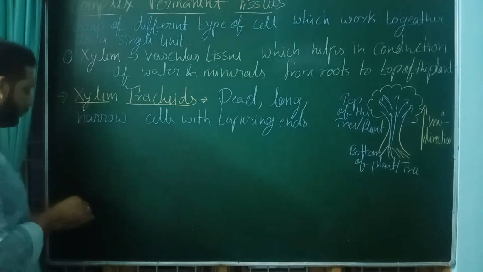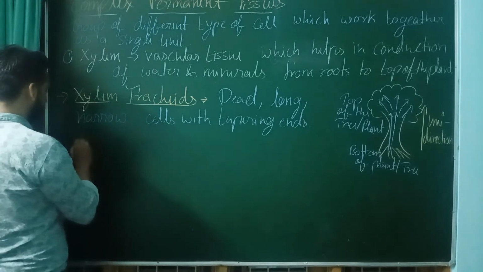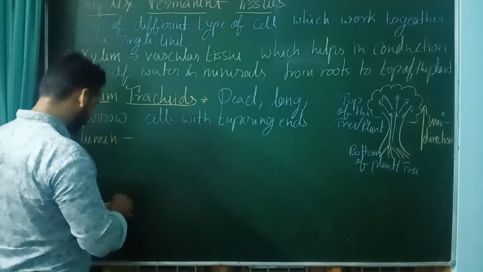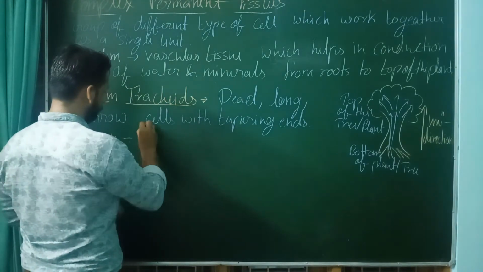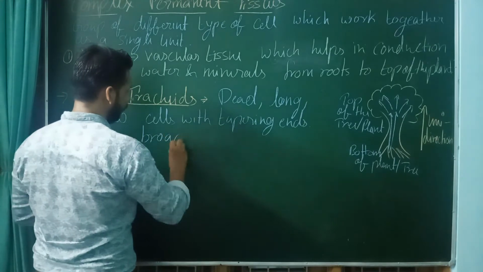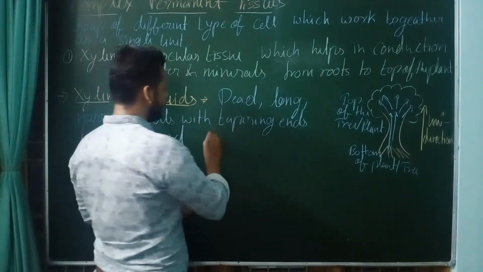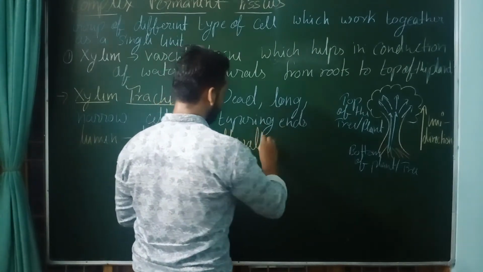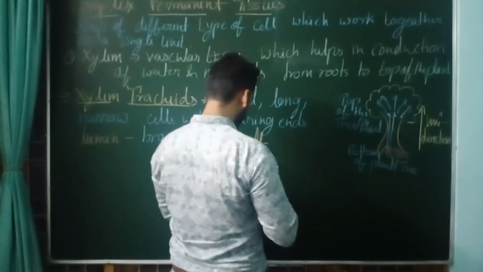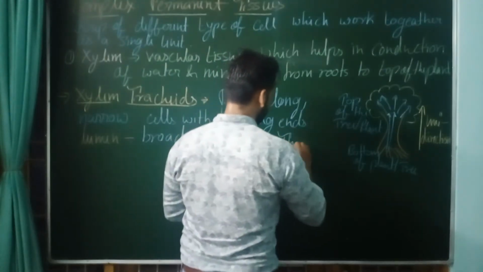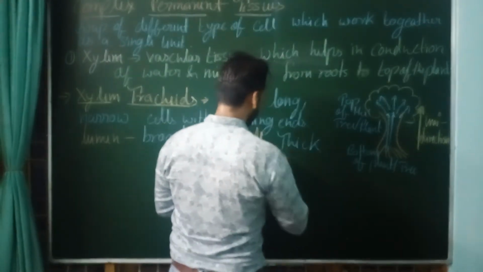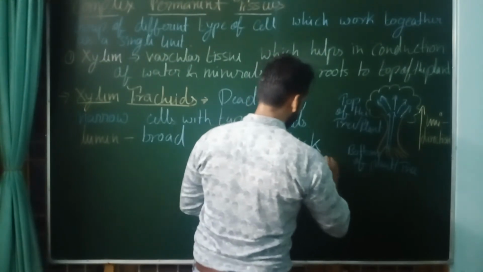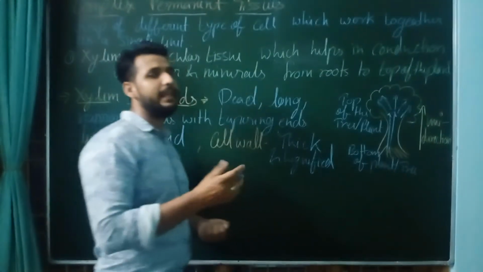Next, its lumen is broad, and its cell wall is thick and lignified. What do we mean by lignified?